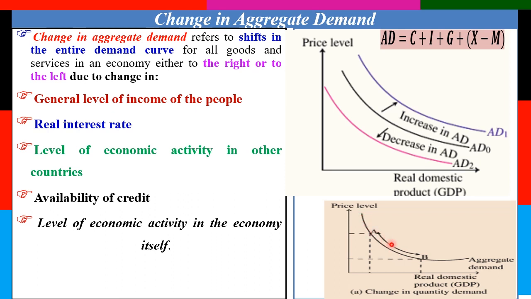Why do we move along the same demand curve? Because of the change in the price only. In the change in aggregate demand, the price has no effect. Price is constant. But those variables make the aggregate demand shift either to the right or to the left. So this is the difference between change in the quantity demand and the change in aggregate demand.